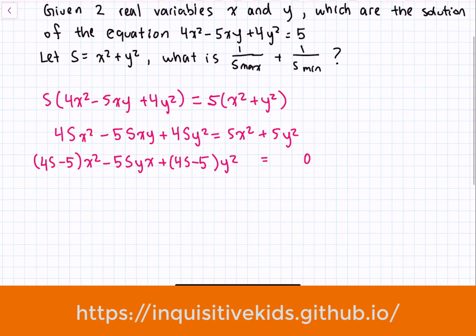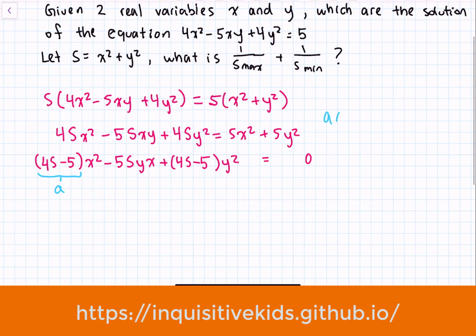Now we can look at some expressions as a whole. For example, here we have our a, if we're looking at a quadratic expression in the form of ax squared plus bx plus c equals 0. And the negative 5sy is our b. And then this entire last part is our c.